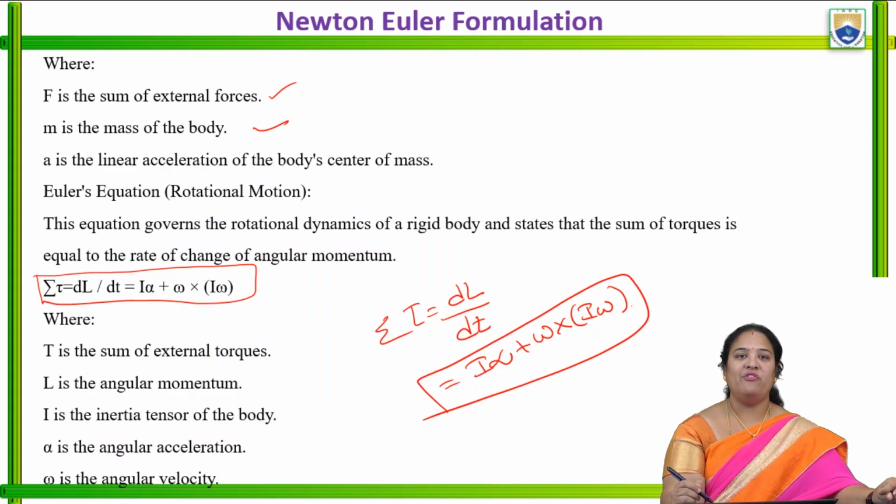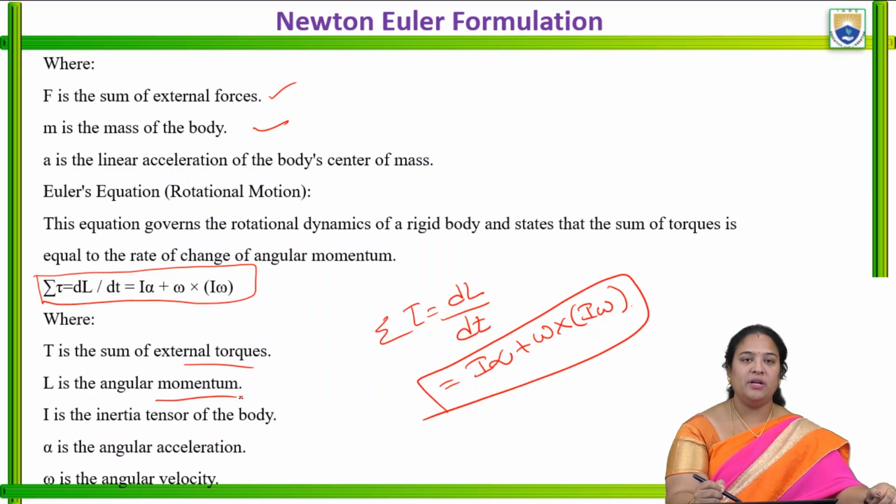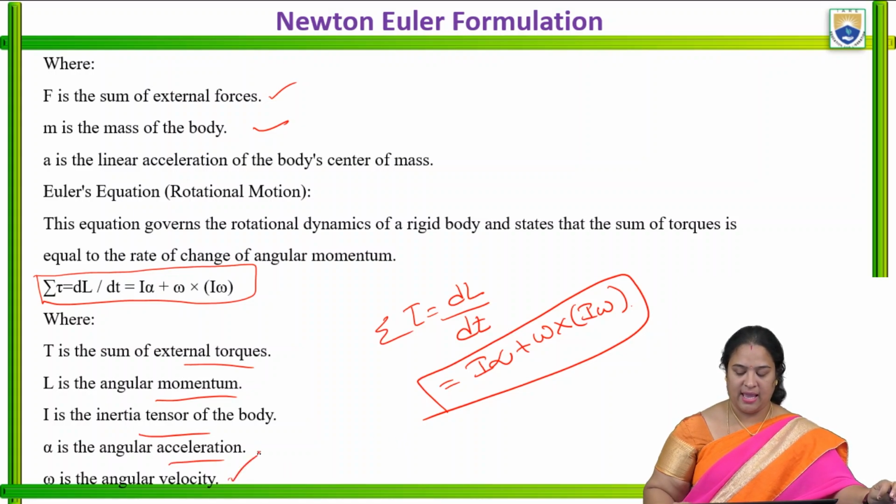It states that the sum of torques is equal to the rate of change of angular momentum, where tau is the external torque, L is the angular momentum, I is the inertia tensor, alpha is the angular acceleration, and omega is the angular velocity.